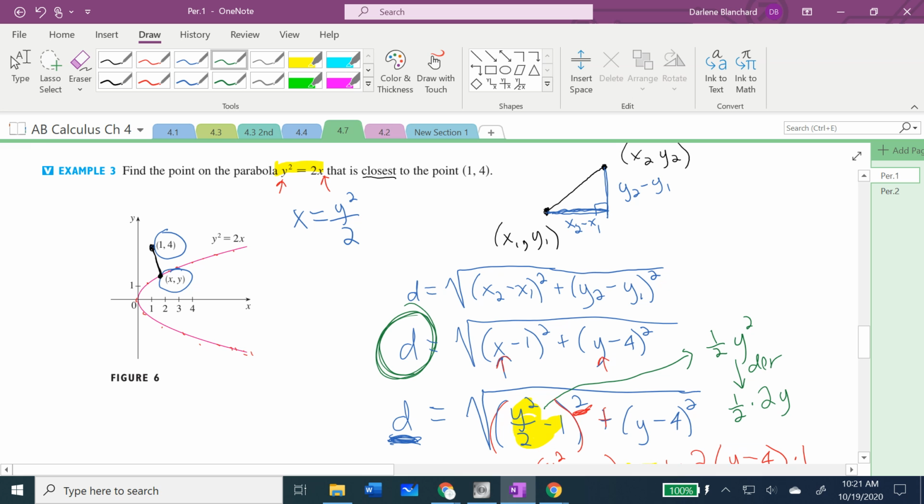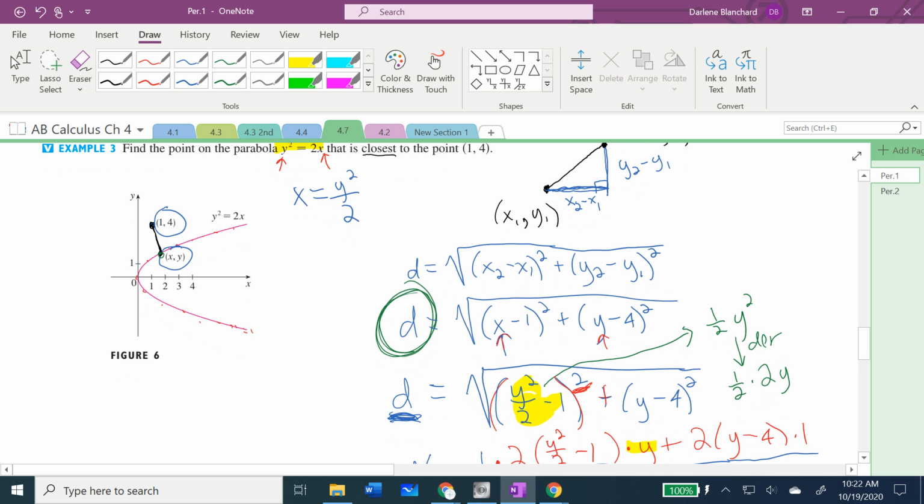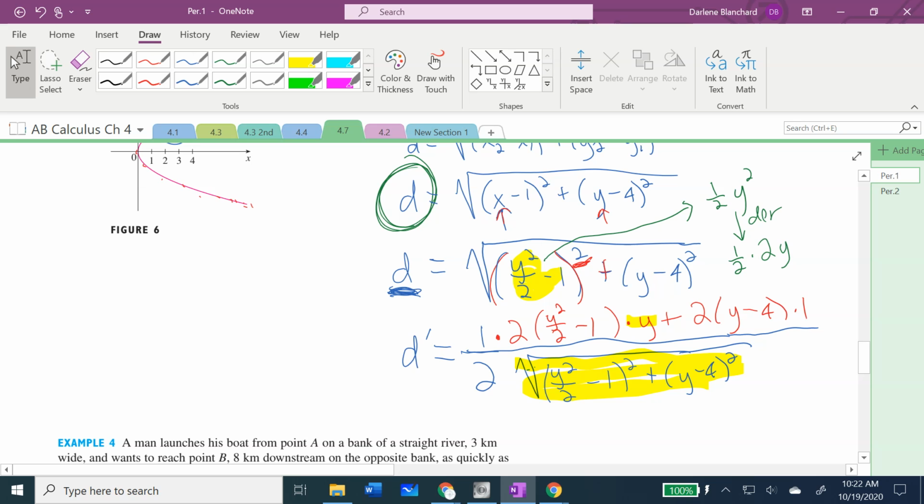When will the distance between the 2 points be equal to 0? If you are looking at a point on that parabola, it'll never be 0. So our denominator is actually not going to create any critical numbers for us. That means we can focus on just the numerator, which means ignoring the square root completely.